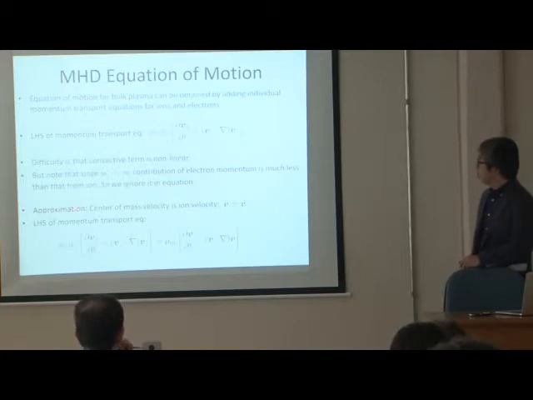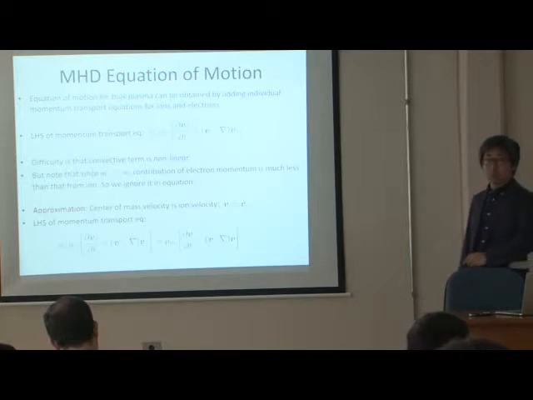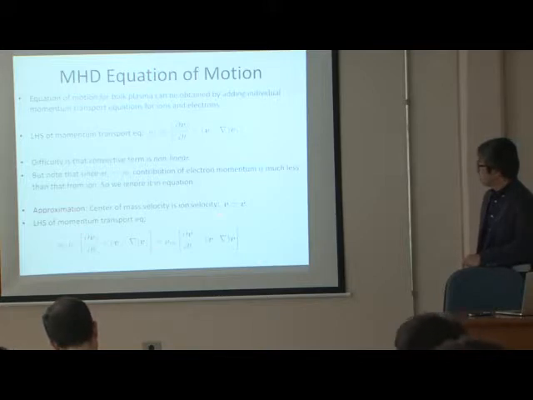We also approximate the center-of-mass velocity by the ion velocity, because the heavy ions dominate the motion. Then the left-hand side of the momentum equation is written approximately in this way, with the mass density and the velocity.